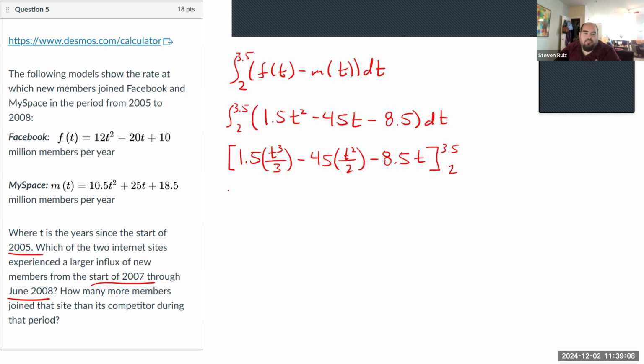But before that, let's do some simplifying. 1.5 over 3, that'll be 1/2 t cubed. 45 over 2, that doesn't really reduce. So 45 over 2 times t squared minus 17 over 2 times t, from 2 to 3.5. All right, so now we can plug in and evaluate.